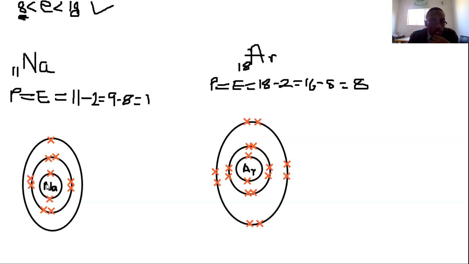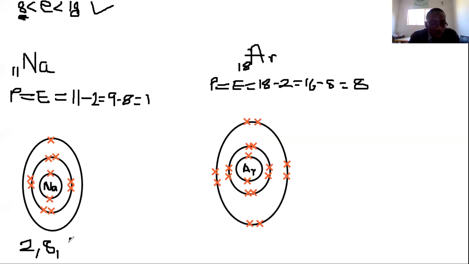When we look at sodium, it comes with a notation. It's just a notation that we use. When we want to write its electronic configuration, it is written like this. In the first shell, you have 2 electrons, then you say comma. In the second shell, you have 8 electrons, comma.